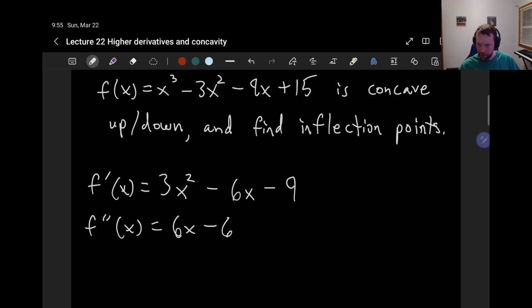Okay, so for f double prime, just took the derivative of f prime. And we can factor out a 6. Makes this a little easier to analyze. This is a polynomial. It's always defined.